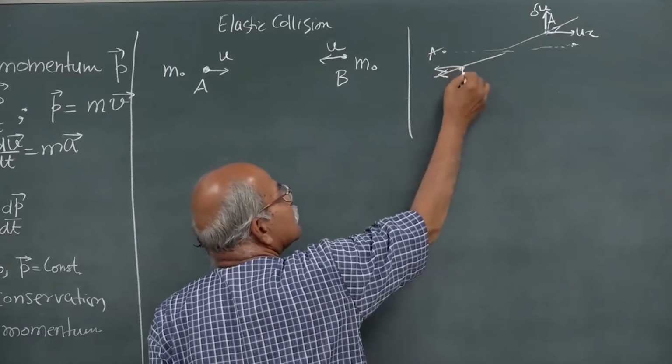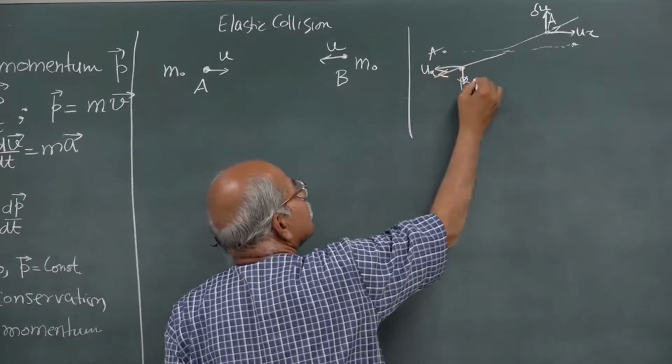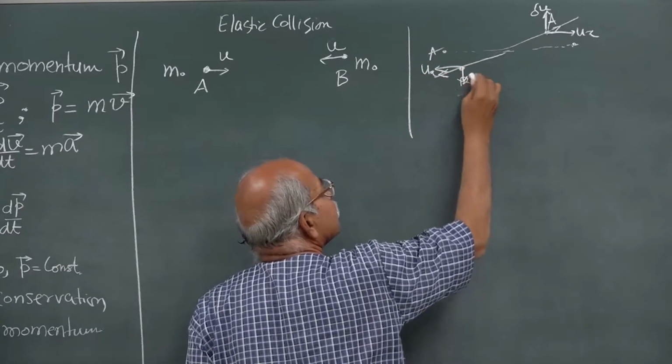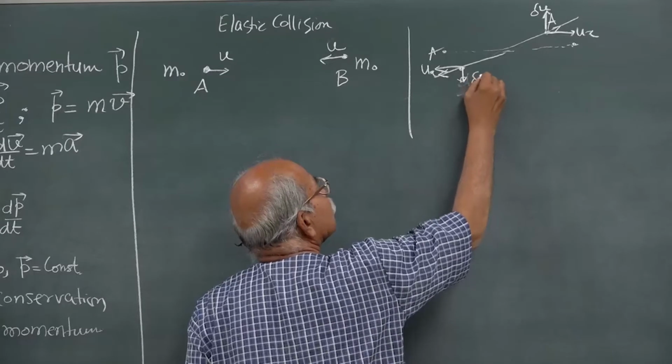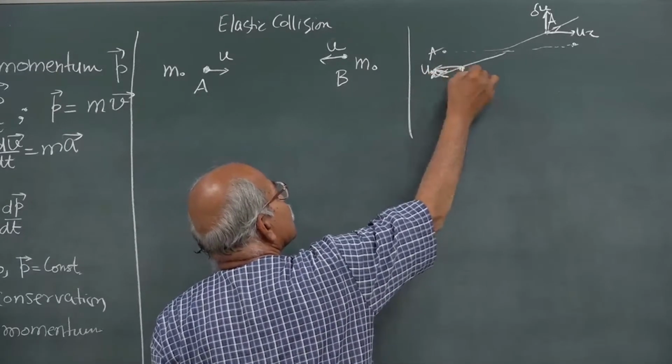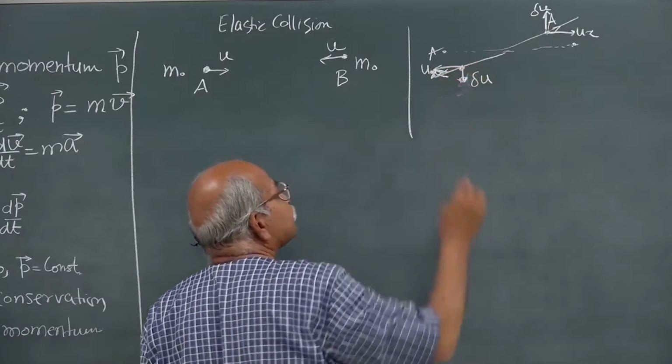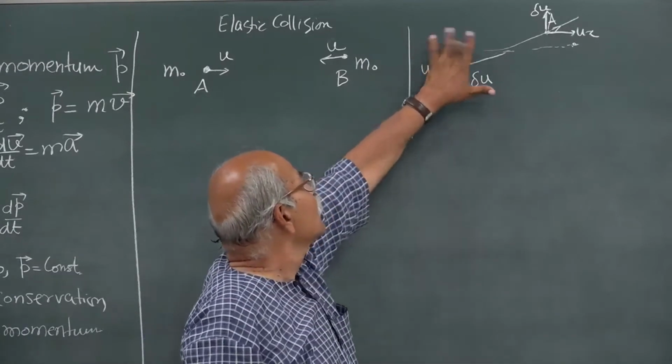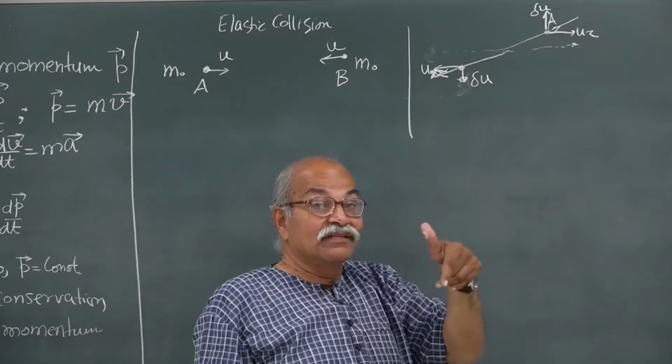So, this is ux and this is delta u, right. This component is ux and this component is delta u. And kinetic energy is constant.